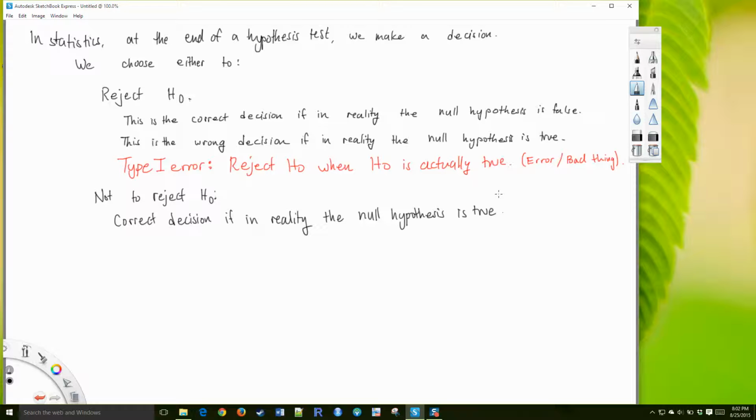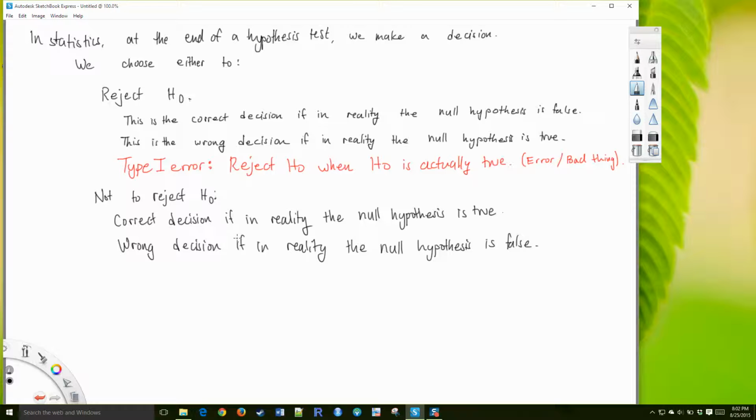We should say, okay, well, we're not going to reject it. And this is the wrong decision if in reality the null hypothesis is false.